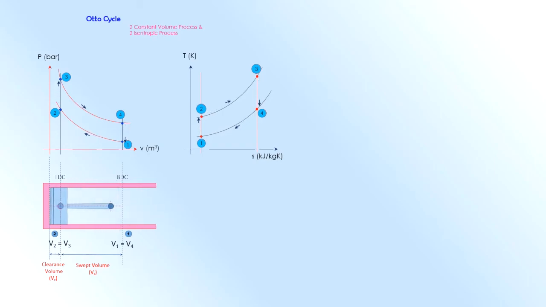While it's moving from BDC to TDC or from TDC to BDC, the volume of gas, or the volume of air and fuel mixture, which is being displaced is called the swept volume. Now in this diagram, the piston actually comes into contact with the cylinder wall.